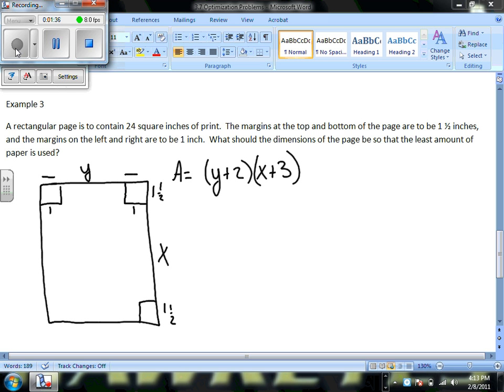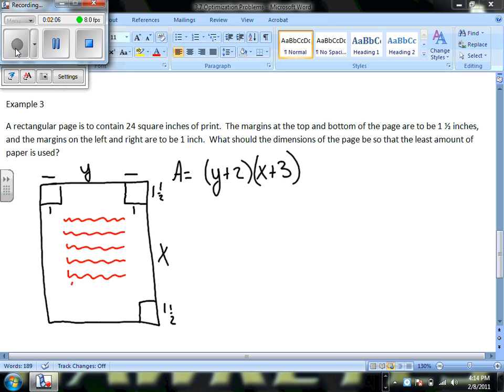Okay, so we better come up with a secondary equation. What's the stipulation that they put on us when we were reading the problem? A rectangular page is to contain 24 square inches of print. Our print has to be inside these margins, right? We can't have print that's outside of the margins.